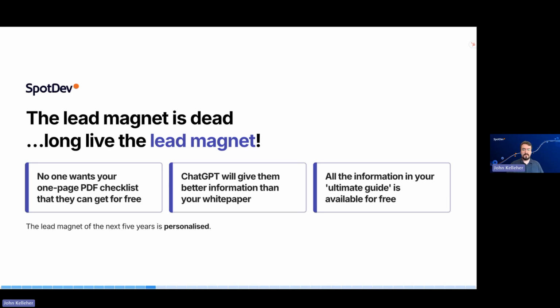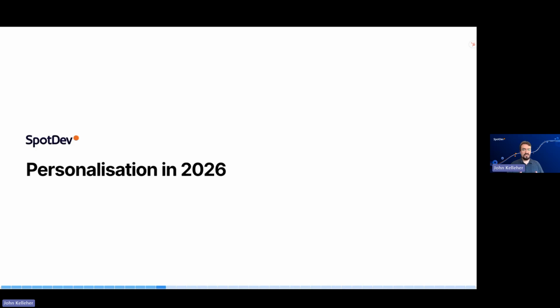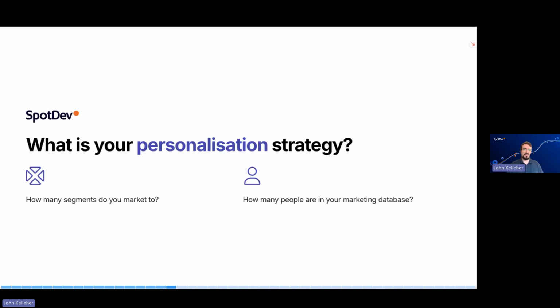You may have heard me mention before that personalization from 2025 onwards, in all honesty, is a bit different to how it was prior to 2022. Before 2022, you would have had a certain number of segments and a certain number of people in your marketing database, but far fewer segments than people.